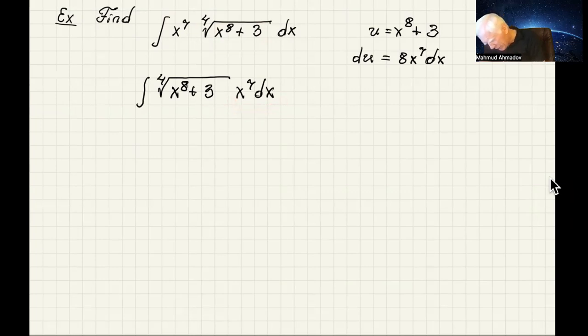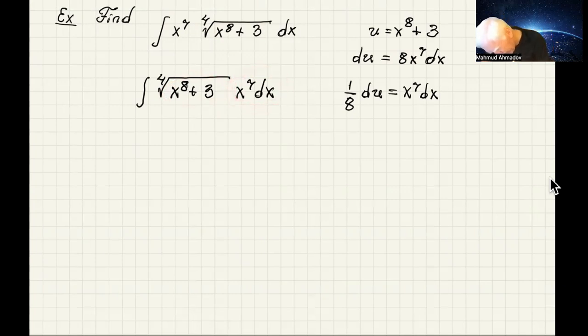So somehow we need to get rid of this 8. Okay, so we divide both sides of this equation by 8 and we get 1/8 du equals x to the 7th dx. Now we are ready to replace x to the 8th plus 3 with u and x to the 7th dx with 1/8 du.